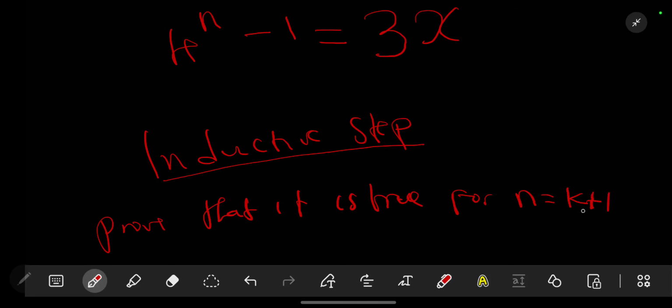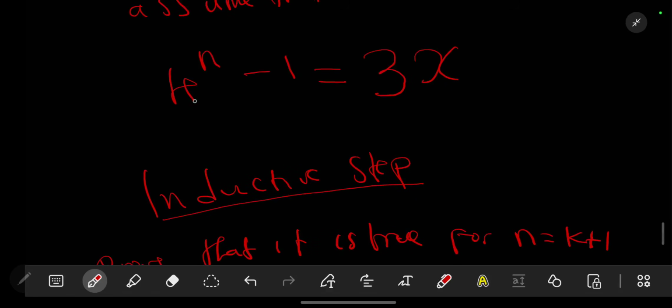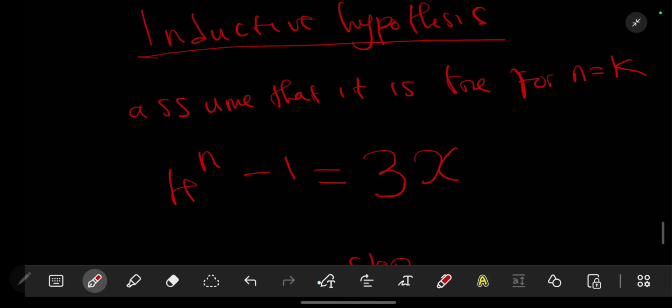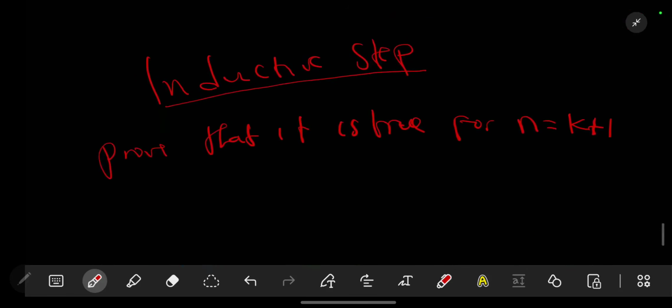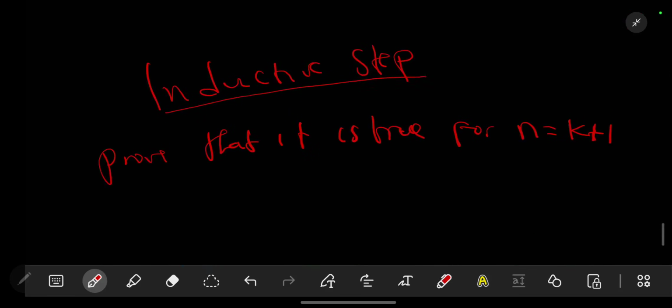Now, how you are going to introduce k plus 1 is, you are not going to substitute 3n, but 3x. So you are going to multiply.